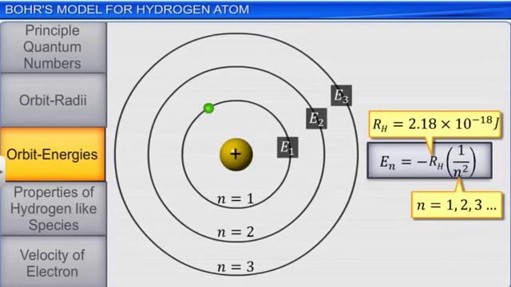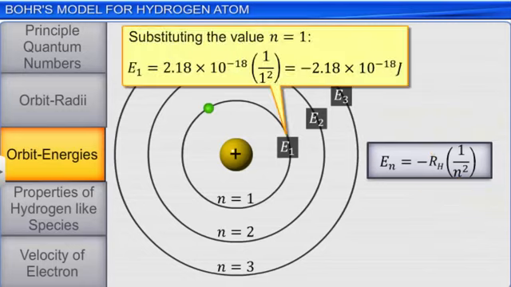Energy of the nth orbit of a hydrogen atom in electron volts is equal to minus 13.6 divided by n squared. Thus, the energy of the ground state n is equal to 1 for hydrogen atom is equal to minus 2.18 multiplied by 10 raised to the power minus 18 joules.